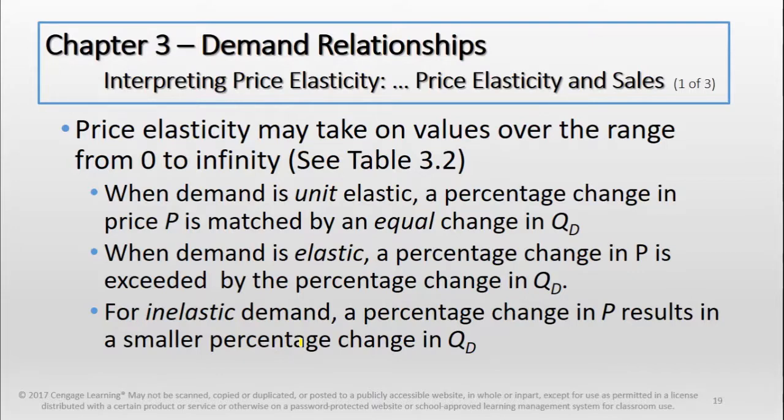next is interpreting the price elasticity. Price elasticity may take on values over the range of 0 to infinity, which I know you already know. When demand is unit elastic, a percentage change in your price is matched by an equal change in your quantity. Meaning, this is equal to 1.